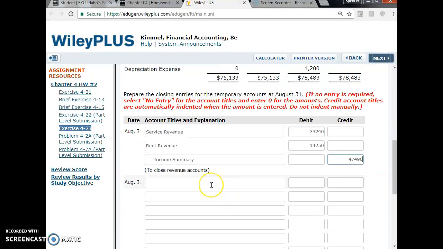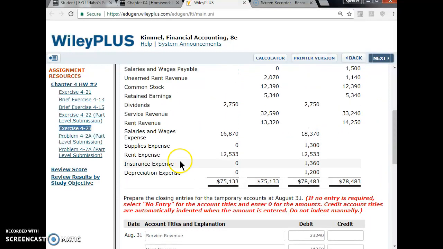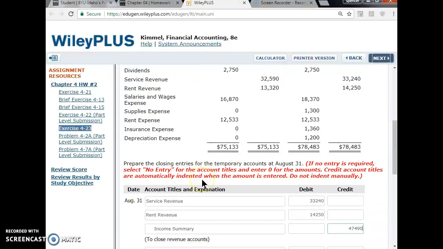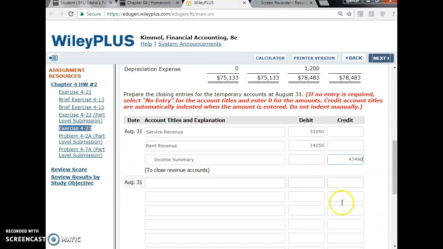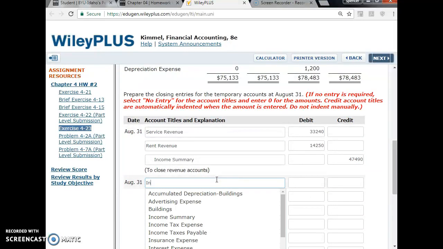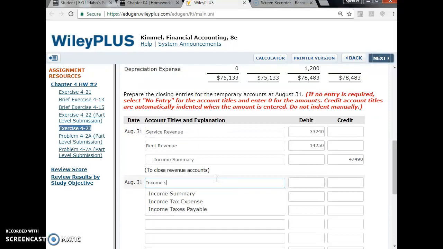Next we're going to close our expense accounts. Since expense accounts usually have a debit balance, as we can see here, we're going to close them in the credit column. That means income summary for this one will be in the debit column.